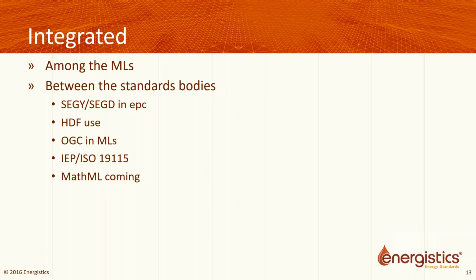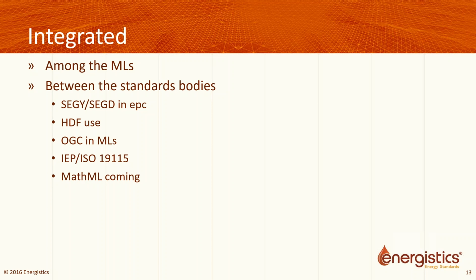So if I have WITSML and I need to suddenly grab a well test from PRODML, I can grab a well test from PRODML and move it along with a WITSML wellbore and well log transfer. So all of that cross-ML integration is covered now under the second generation of the standards.